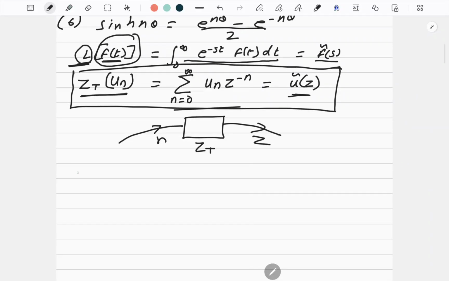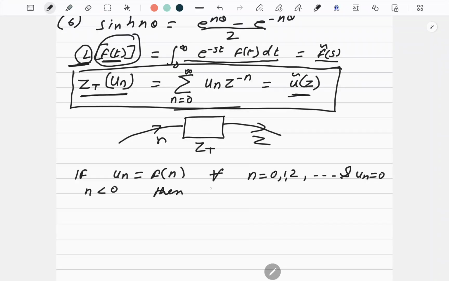Let us see. If u(n) is equal to f(n) for all n equal to 0, 1, 2, like this, and u(n) is equal to 0 when n is less than 0, so u(n) is some function of n.